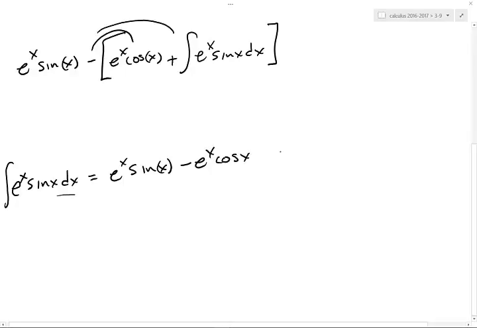And distribute the negative again, you're going to get this. So does it not become negative cosine x? Well, it does, and I wrote it right there. When I distribute the negative, e to the x times cosine is one thing, so the whole thing is negative.